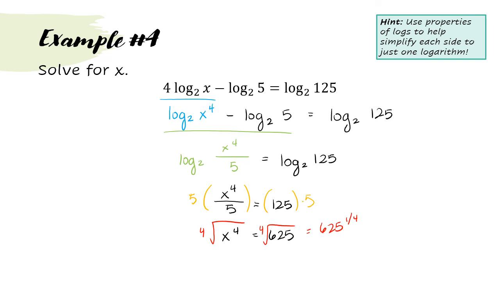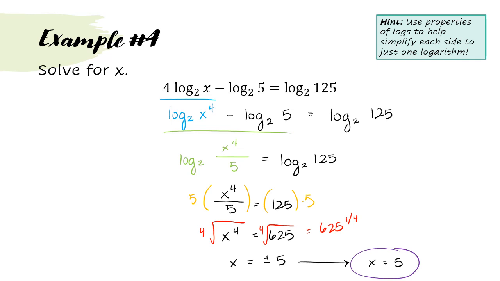So again, we're looking for some number that multiplies by itself 4 times to get to 625. That's going to be positive or negative 5. Negative 5 times itself 4 times gets us to 625 as well. But same idea, we actually just want to consider our positive values only. So we would say that x is only equal to positive 5.